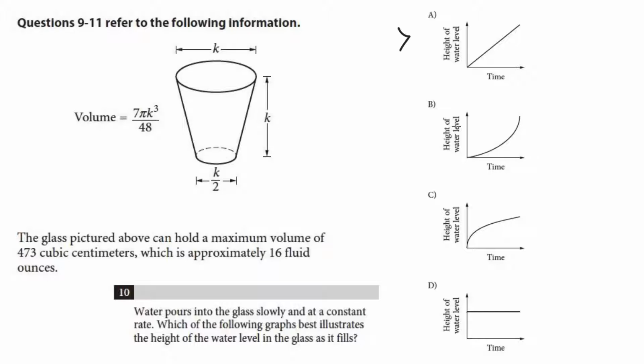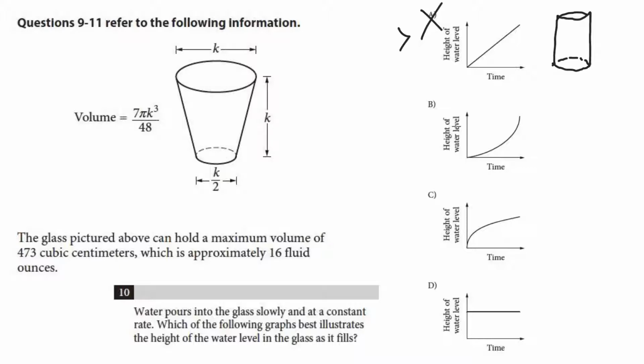rate. However, the cup is tapered at the bottom. So this graph would be true if the glass had straight sides. Okay, however, that's not the case. All right. The second one shows us that the water level is increasing slowly at first, and then speeds up later on.